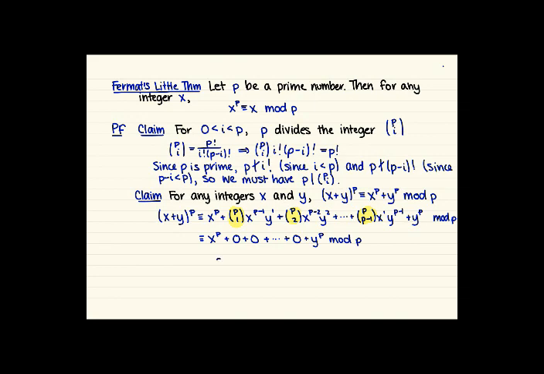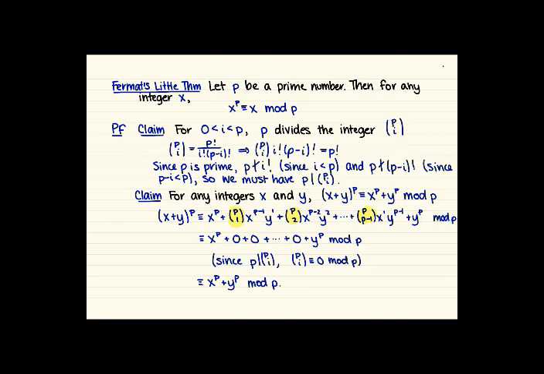This is since p divides p choose i, so p choose i is congruent to 0 mod p. And then getting rid of those zeros, we have x to the p plus y to the p mod p.